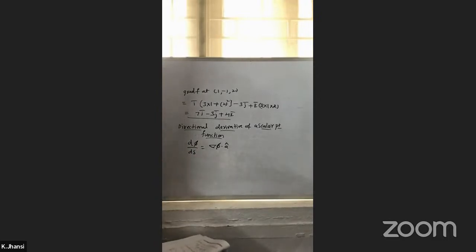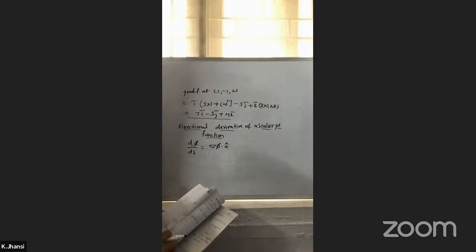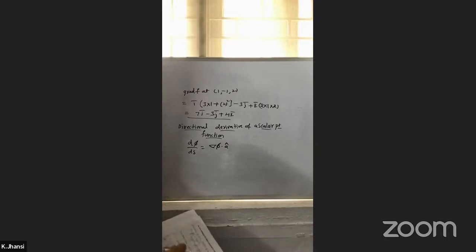So on this, we have one problem, that is, find the directional derivative of the scalar function along the vector j minus k at the point 1 comma minus 1 comma 2. Okay, this is the question.